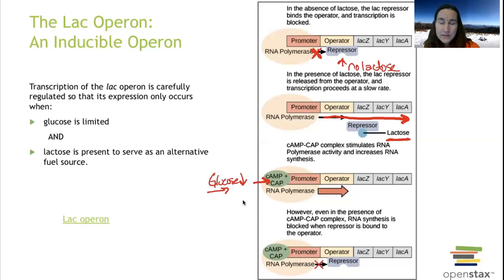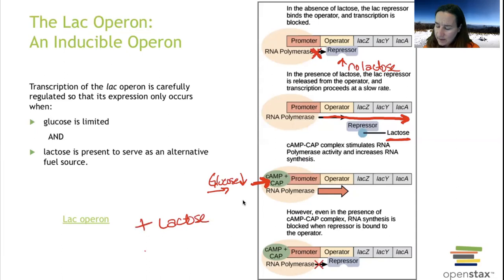We can do this without glucose levels dropping, but it runs faster when glucose levels are lower because it has that activation that happens when cyclic AMP comes along and binds with the CAP and activates RNA pol. So we have to have these conditions met. There has to be lactose present. We must have lactose present.